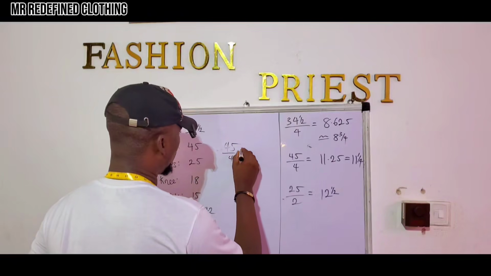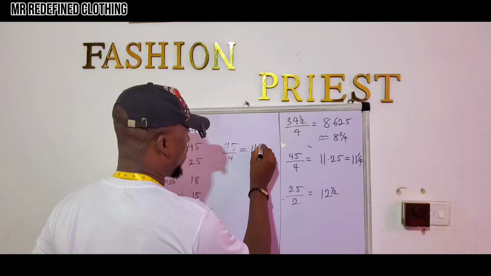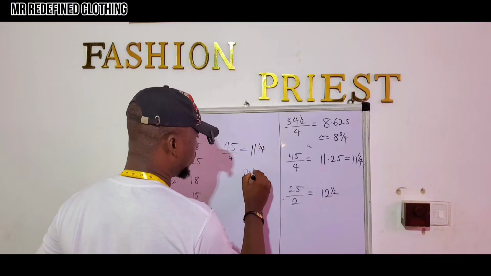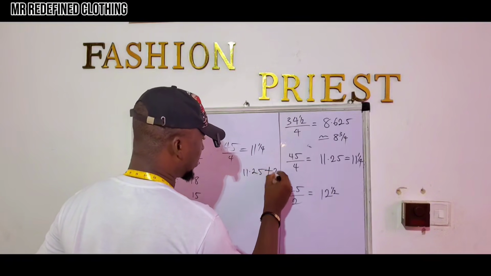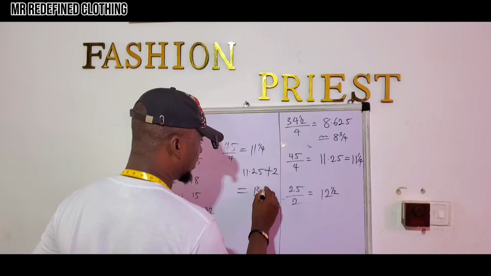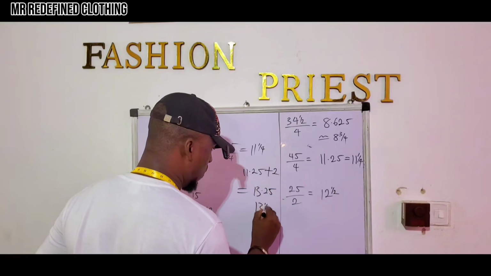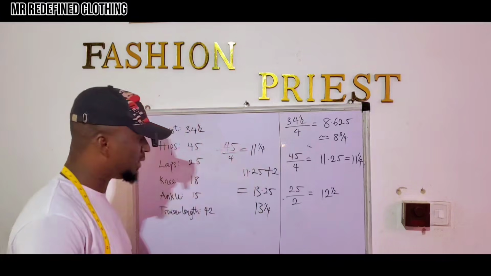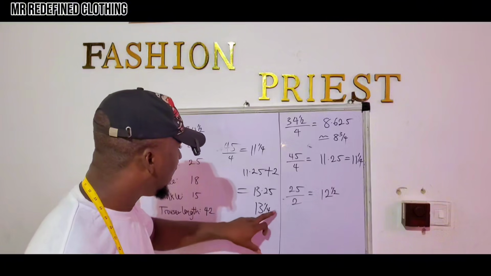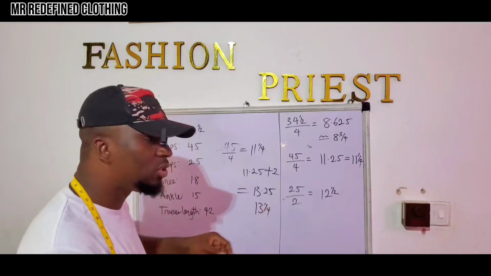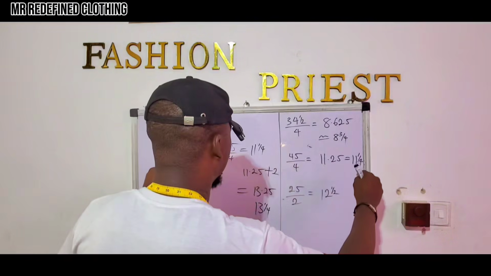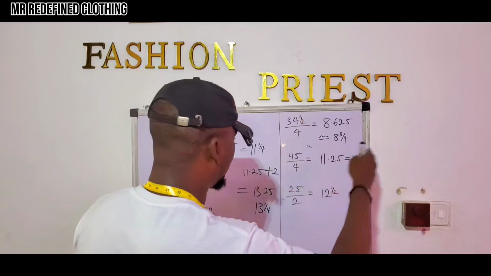Divided by 4 gives us 11.25. Plus 2 inches gives us 13.25. This 13.25 is the total distance on your crotch point when you apply your hip value plus an extra 2 inches.